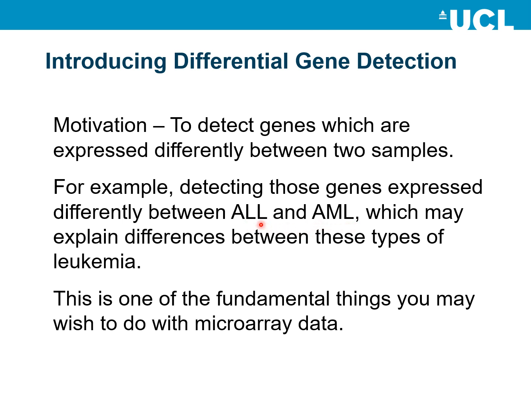So those genes which are overexpressed or upregulated in the lymphoid samples compared to the myeloid, or those which are upregulated, overexpressed in the myeloid compared to the lymphoid. It's one of the fundamental things that bioscience researchers want to know.